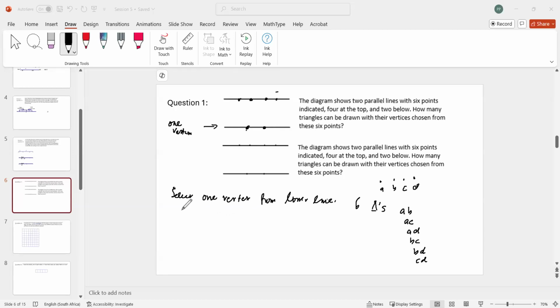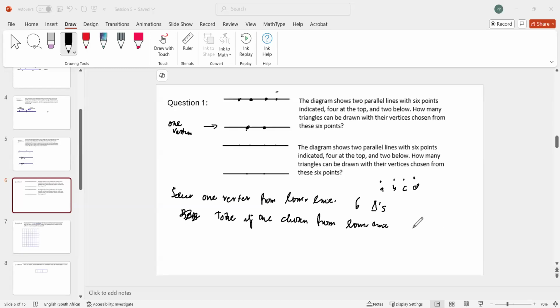Right? For both? Right. So therefore, total, if one is chosen from the lower line, if I choose one of them, I've got 6.